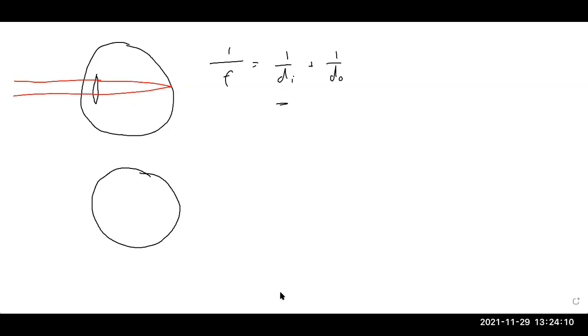But the object distance is now smaller. So instead of 1 over the object distance being essentially 0 if the object distance is big enough, that term is now significant. So in order for this to work, we need 1 over f to be bigger, or our focal length to be smaller.